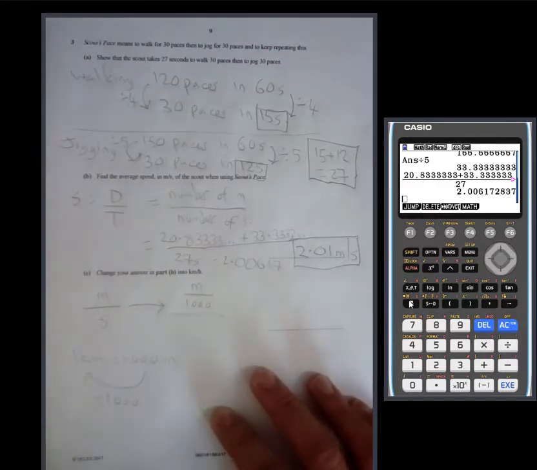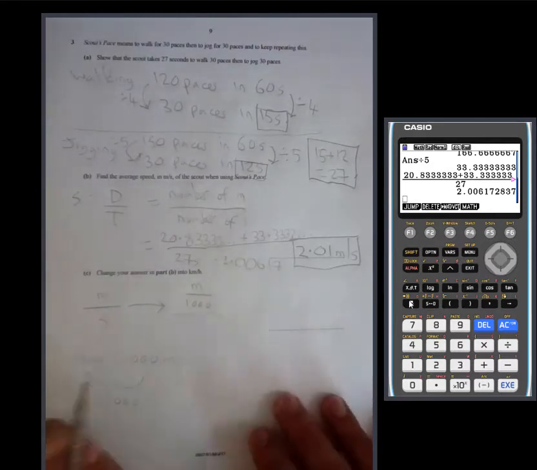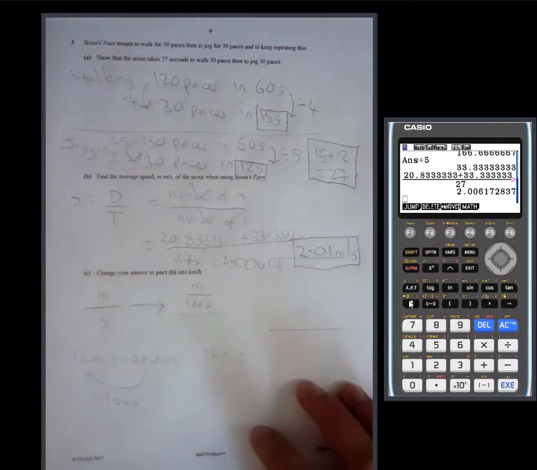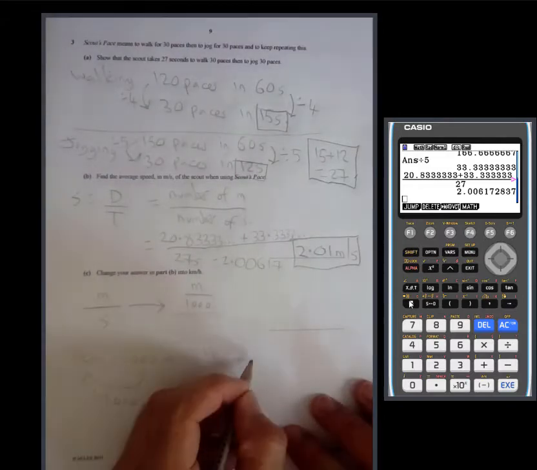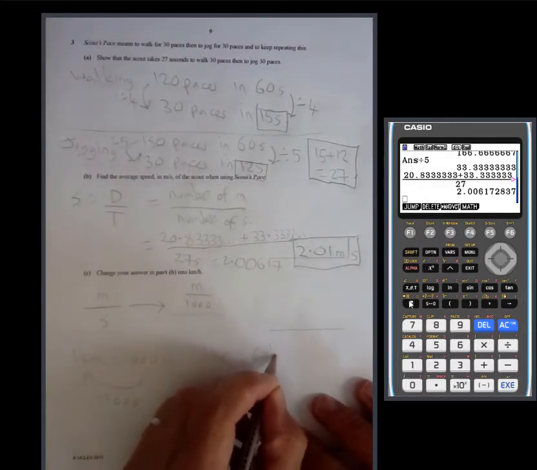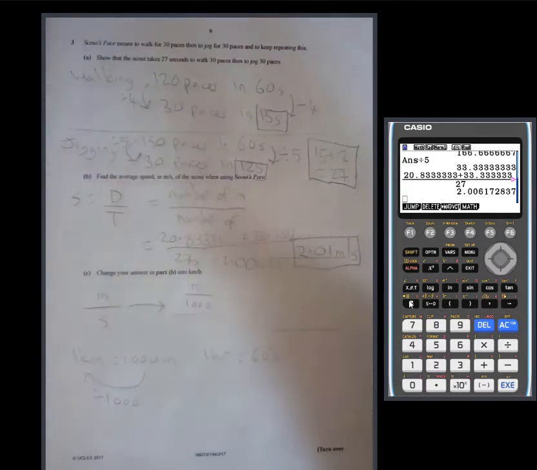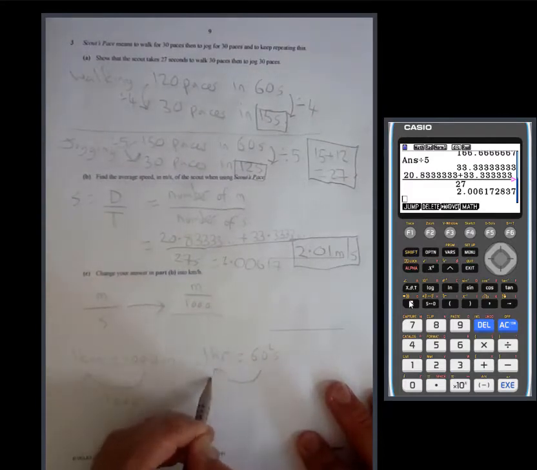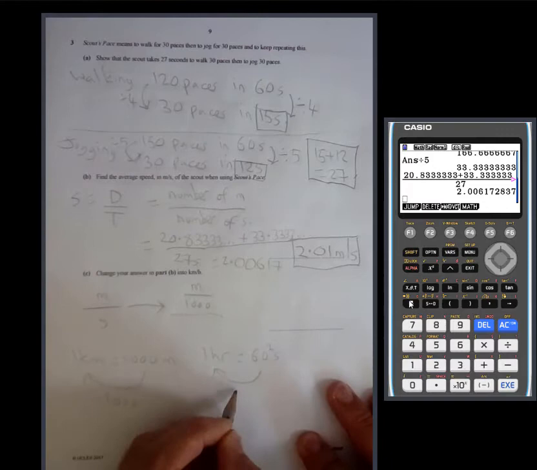For the seconds, 1 hour equals 60 minutes, and then there's 60 seconds in a minute. So it's 60 times 60 equals 60 squared seconds, or 3,600 seconds, a useful number to know. So to turn seconds into hours, you need to divide by 60 squared, or 3600.